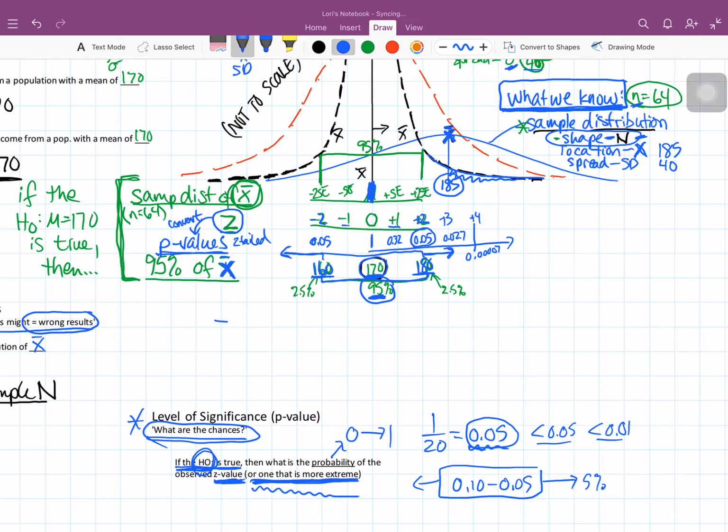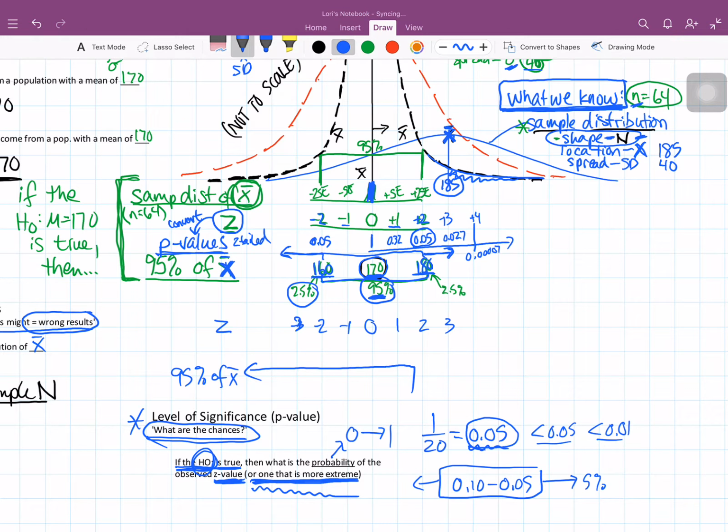A one-tailed t-test, and let me just see if I can fit that in here. The z-values are still very similar. The z-value for this middle value is 0, 1, 2, 3, and so on, -1, -2, -3, just like before. However, the cutoff, the 95% of the x-bars, will actually fall, like let's say we're doing a test that is to the lower, that 95% includes this lower tail.